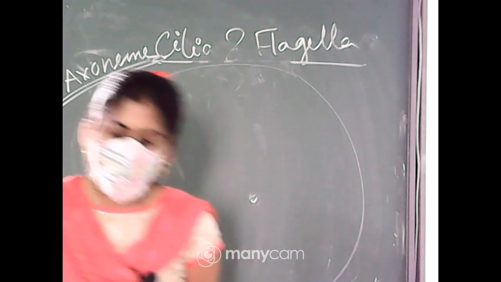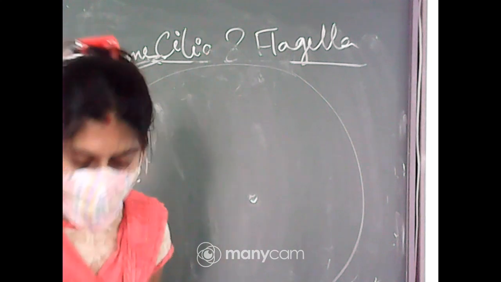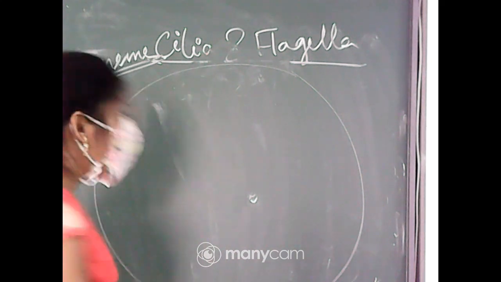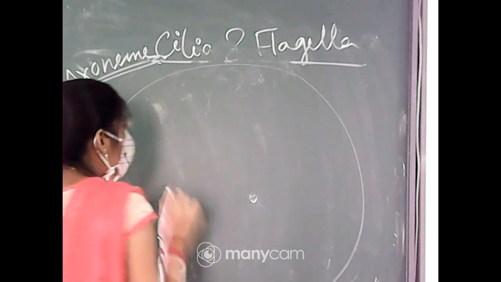This axoneme possesses a number of microtubules running parallel to the long axis. Here we get an arrangement which is considered the 9+2 arrangement.